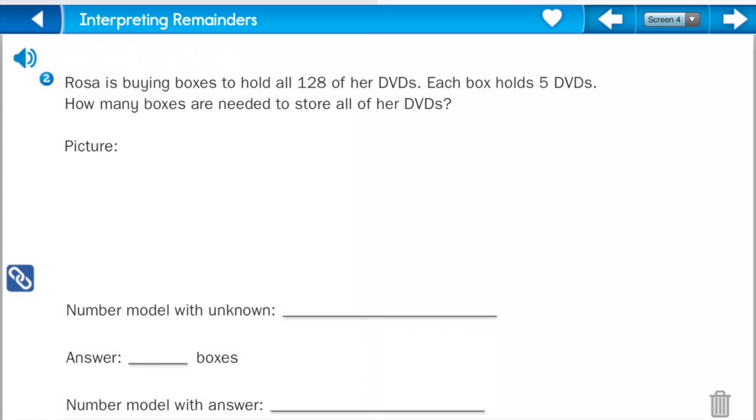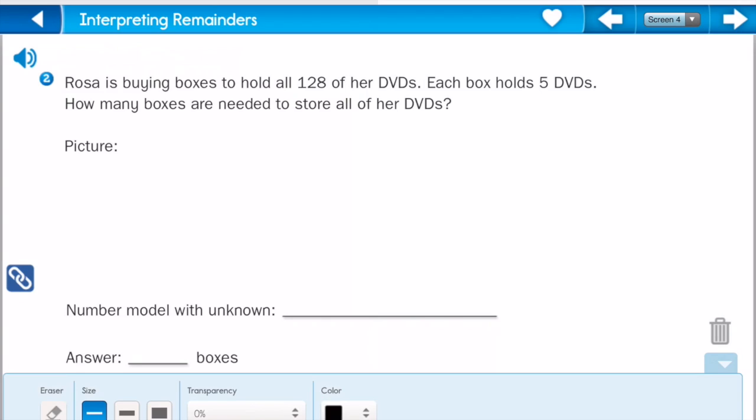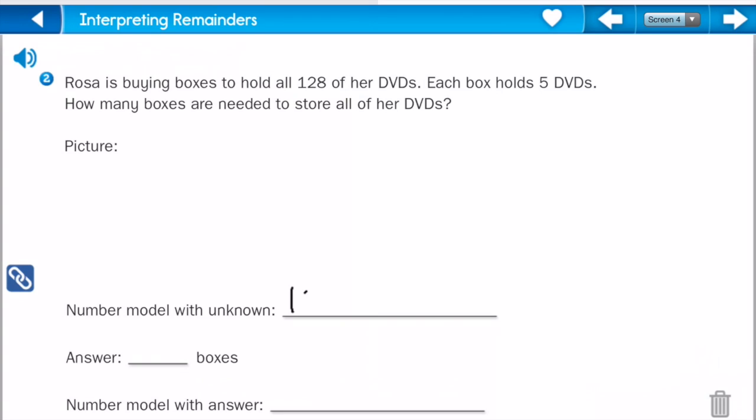Okay. So, we know that she has 128 DVDs, right? And each box holds 5. And we need to know how many boxes, so I'm going to put a B for boxes. So now I need to think of my multiples of 5s, which is not too hard. I just have to count my 5s. I'm going to start counting by 5s.